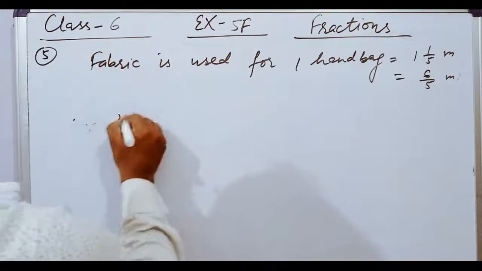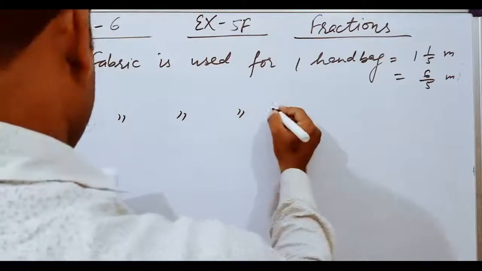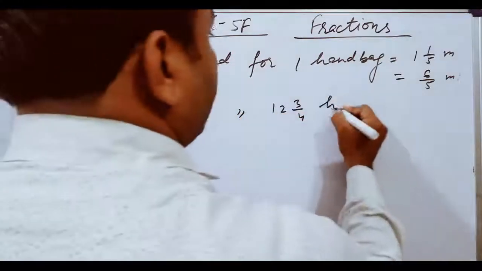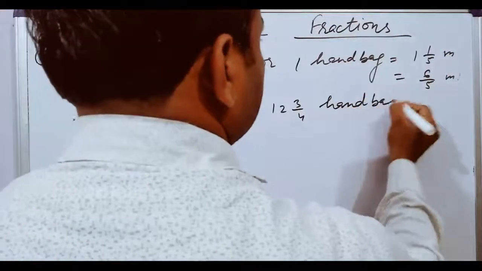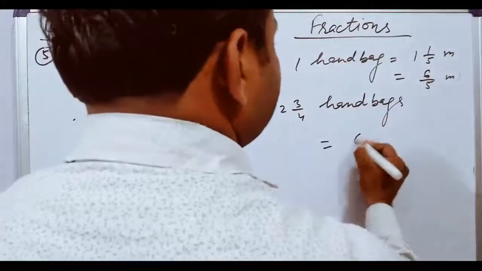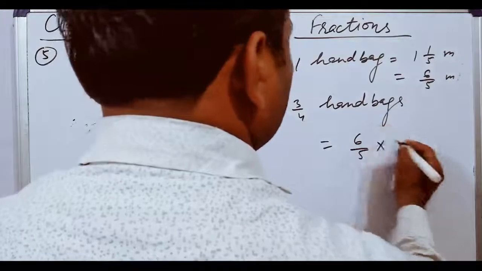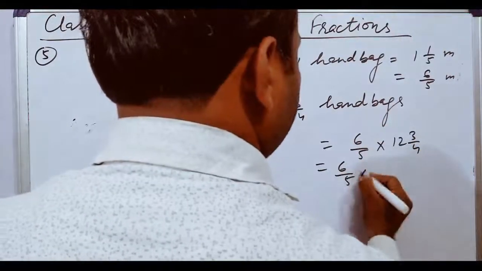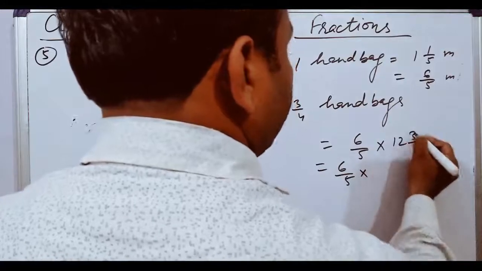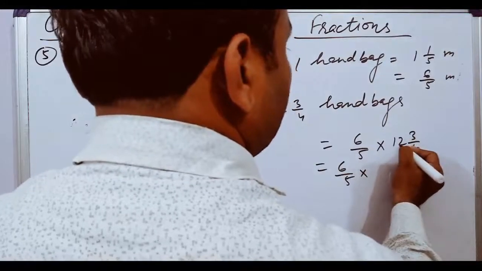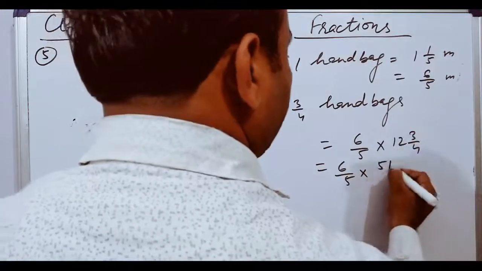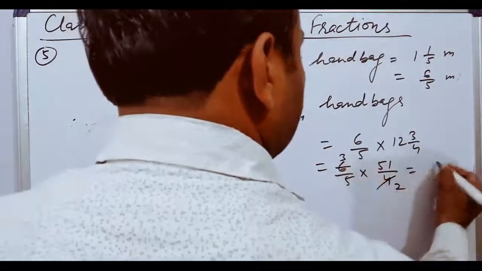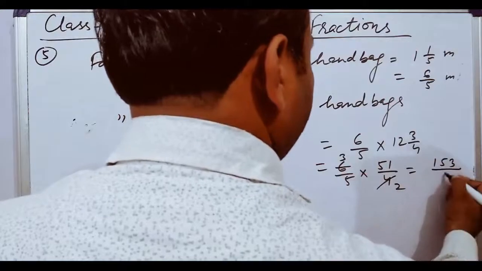So fabric is used for 12 3/4 handbags equal to 6/5 into 12 3/4, 6/5 into 51/4, which is 153/10.